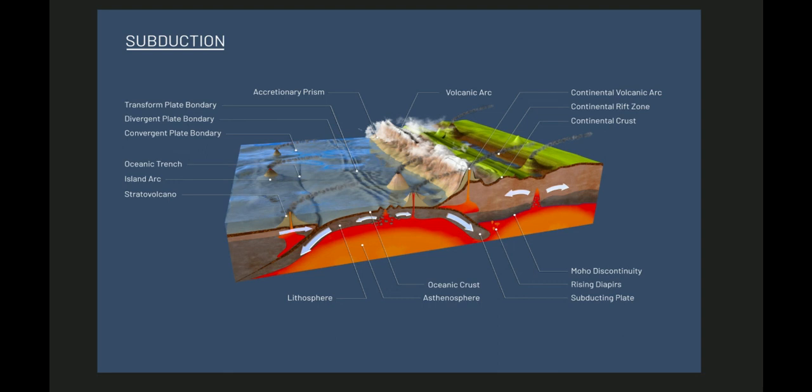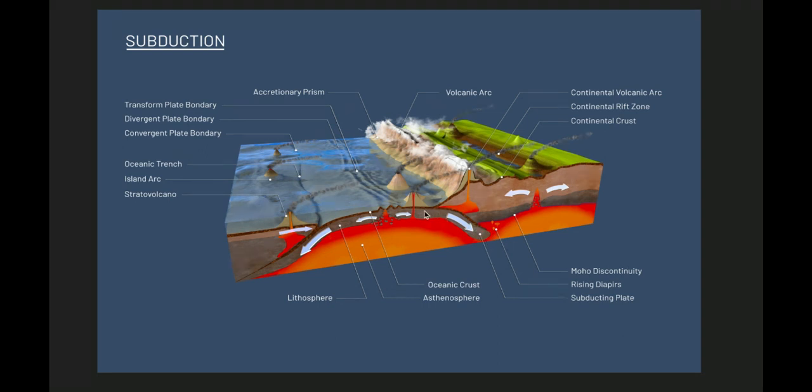Now, all important process right here. The ocean floor, the old crust, like a conveyor belt, gets pushed to the side. Look at this crust where I'm highlighting right here. This oceanic crust, when it hits continental crust, because the oceanic crust is more dense, is forced down, back down into the mantle.